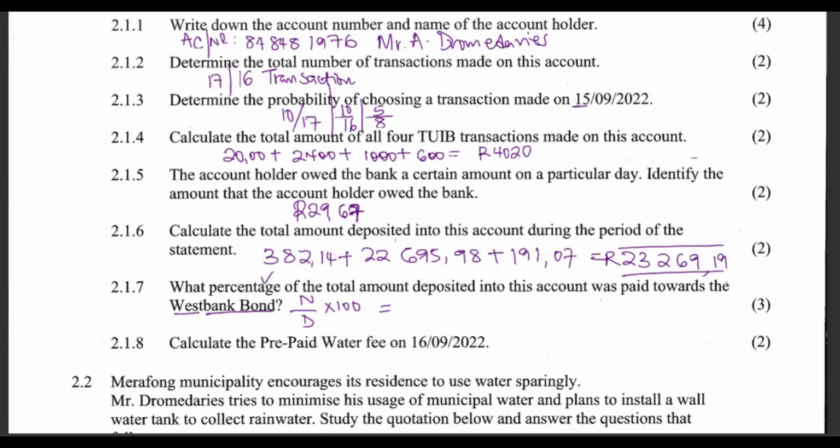So the bond over the amount that we had got already, the total amount, and we multiply by 100.